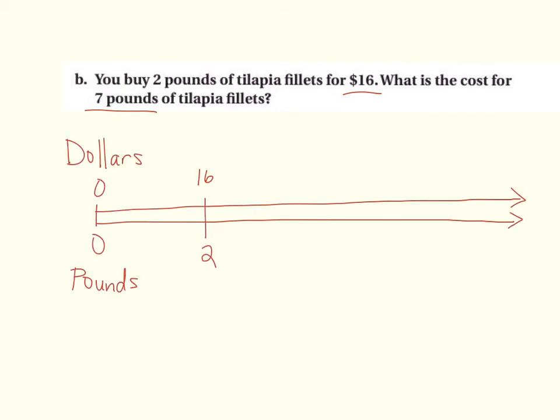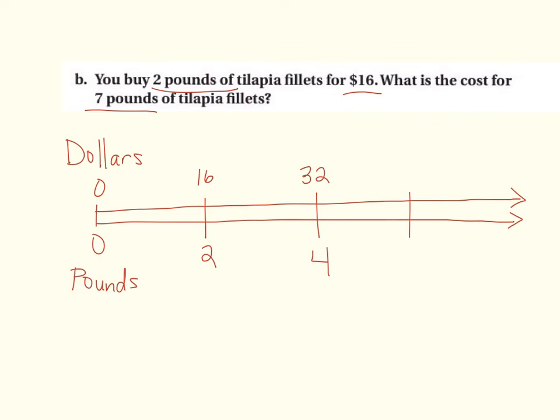The first rate that they gave us in the actual problem said that you could buy 2 pounds of tilapia fillets for $16. So that is the first rate that I've put onto our double number line. And again, you can work in fractions here. If we were to double that, it would be $32 for 4 pounds.